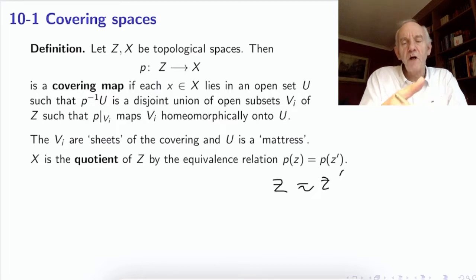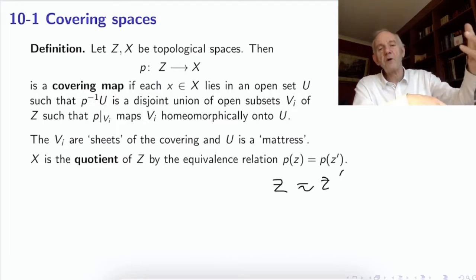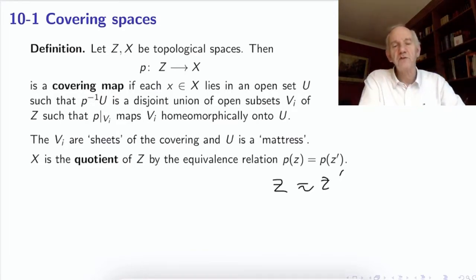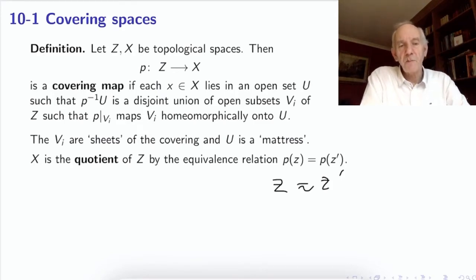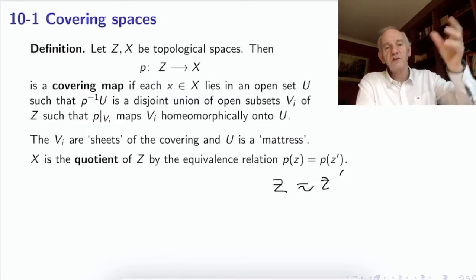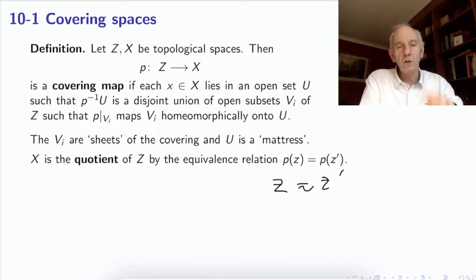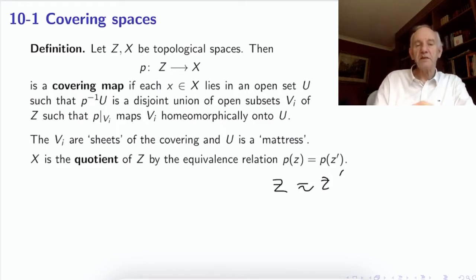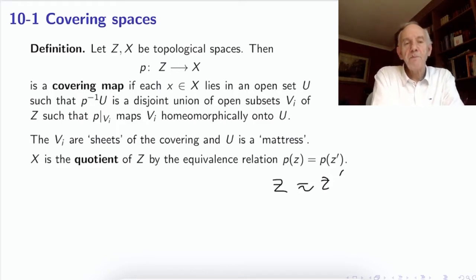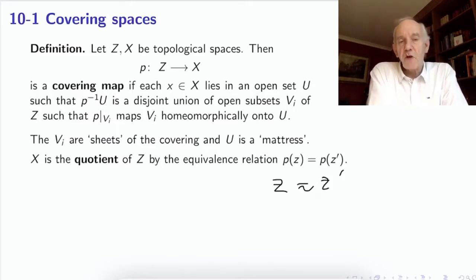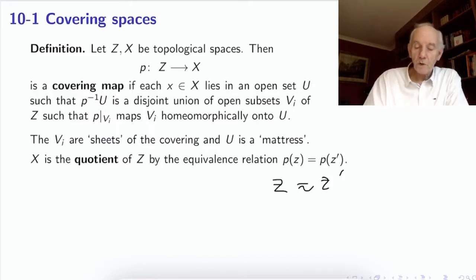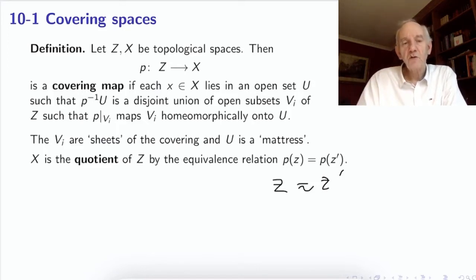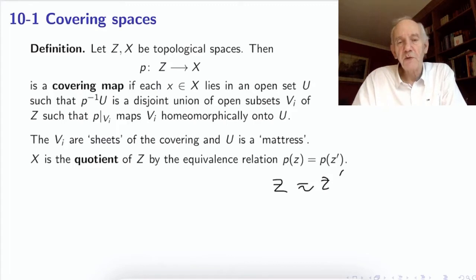But in general, the topology of Z won't necessarily correspond to the quotient topology, but for a covering map it does. So for a covering map, we have this notion that X is really the topological quotient of the space Z. In particular, that means that a set in X is open if and only if its inverse image is open in Z. Remember, I've several times mentioned that notion of the quotient of a topological space by an equivalence relation.